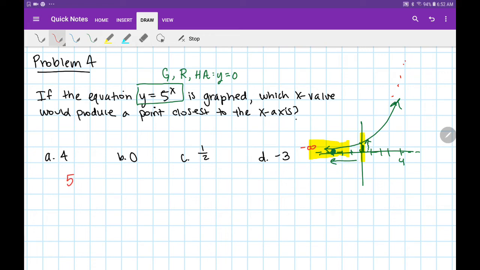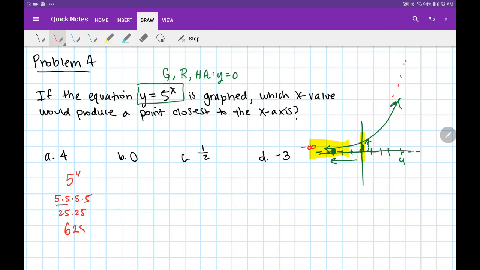So for example, if we did 5 to the 4, that would give us some very big number, 5 times 5 times 5 times 5, which is 25 times 25, which honestly I don't even know what that is, but it's a big number. Let's see. It's 625.